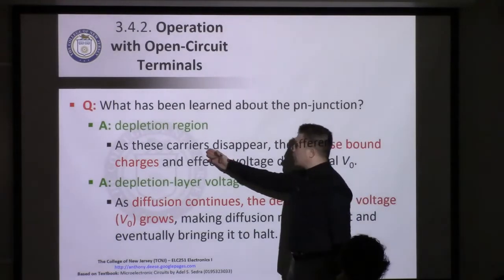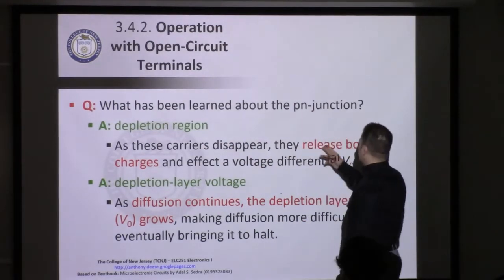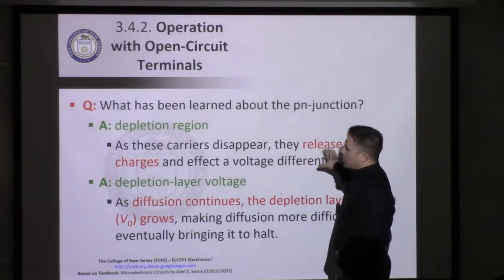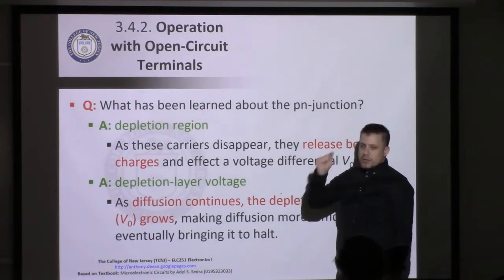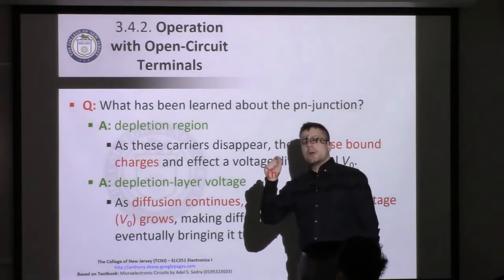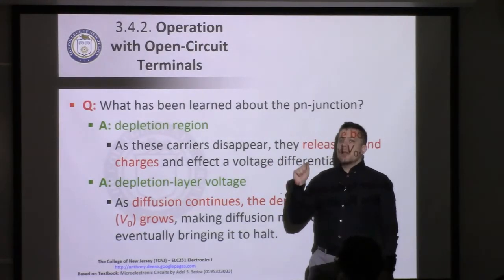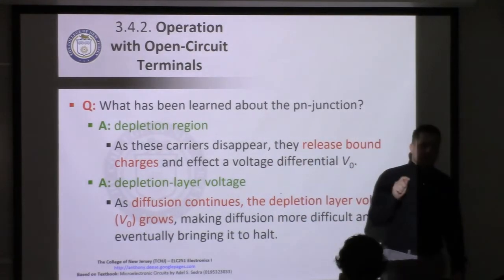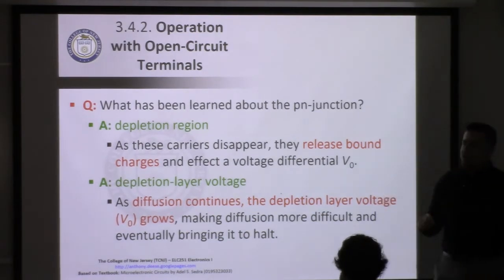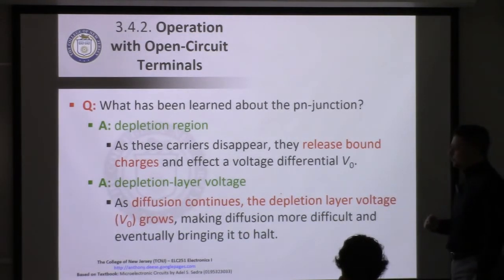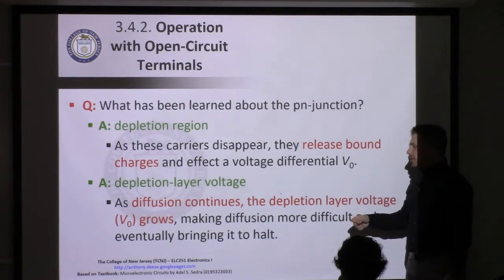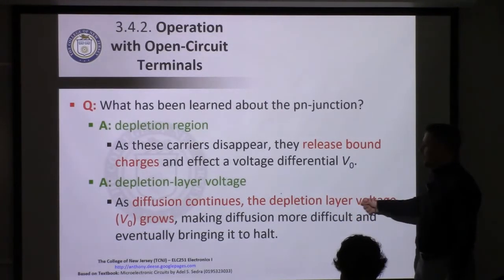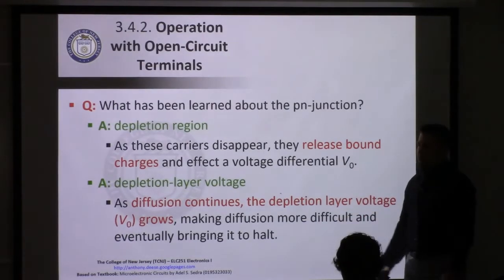As the charge carriers recombine, they release the bound charges or uncover the bound charges. And so inside of the depletion region, although we don't have any majority charge carriers, we do have the uncovered bound charges, which causes this built-in barrier voltage to appear. And so the value of the depletion layer voltage will be dependent on when equilibrium occurs.